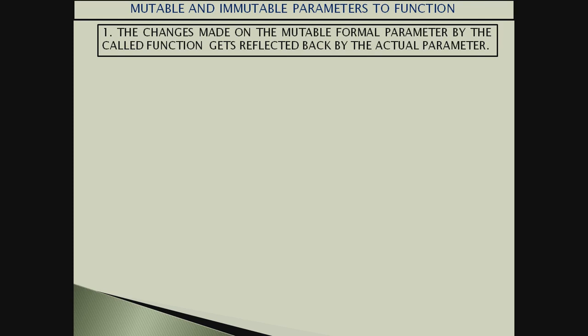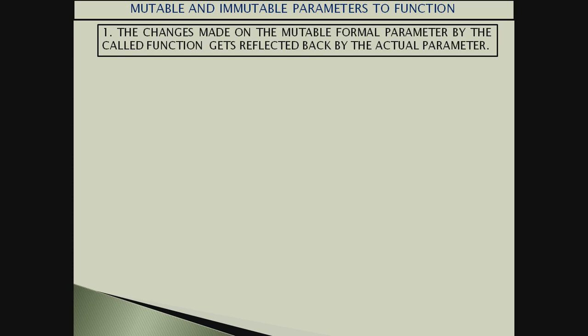And if the argument which you are sending to a variable is of immutable type, then any change made in the parameter is not going to be reflected back in the argument that you sent while calling the function.